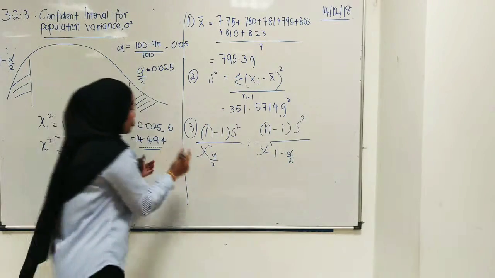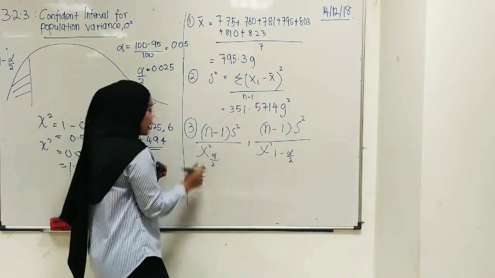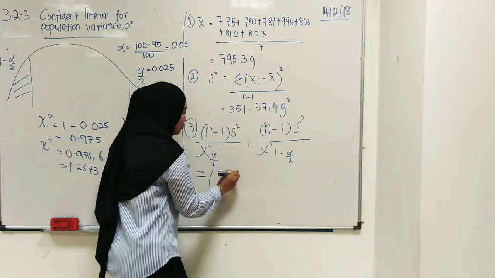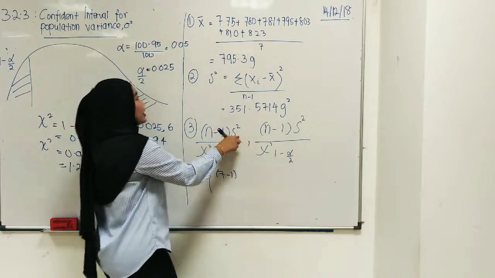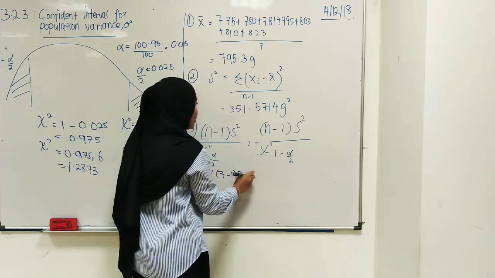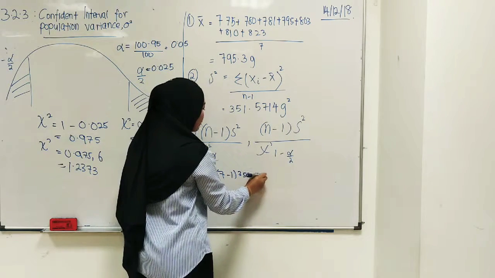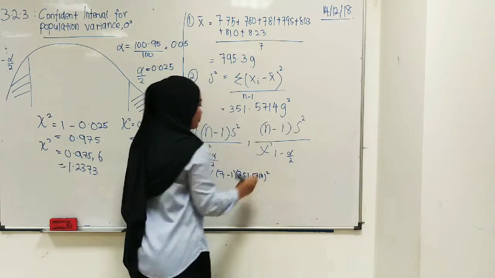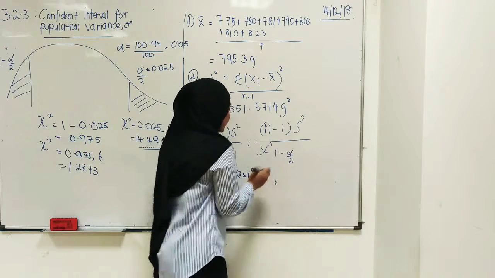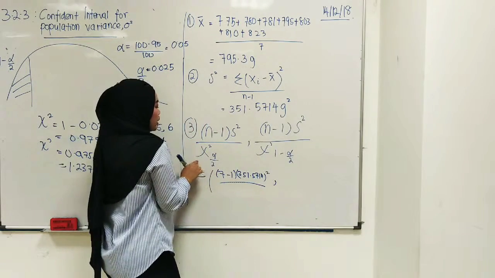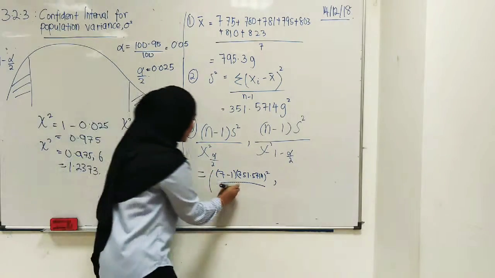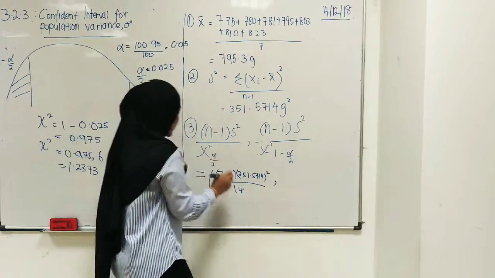What's next? We will just insert these values into the equation. What we have here is n minus 1, our number of observations 7 minus 1, multiplied by S squared, which is 351.5714. It is advisable to have 4 decimal places. Divided by the chi-square value for alpha over 2, which is 14.494.